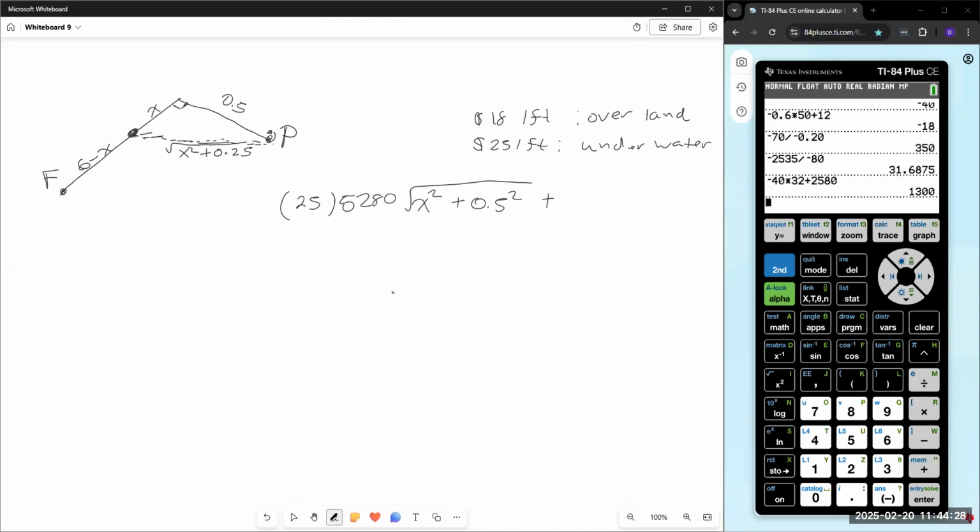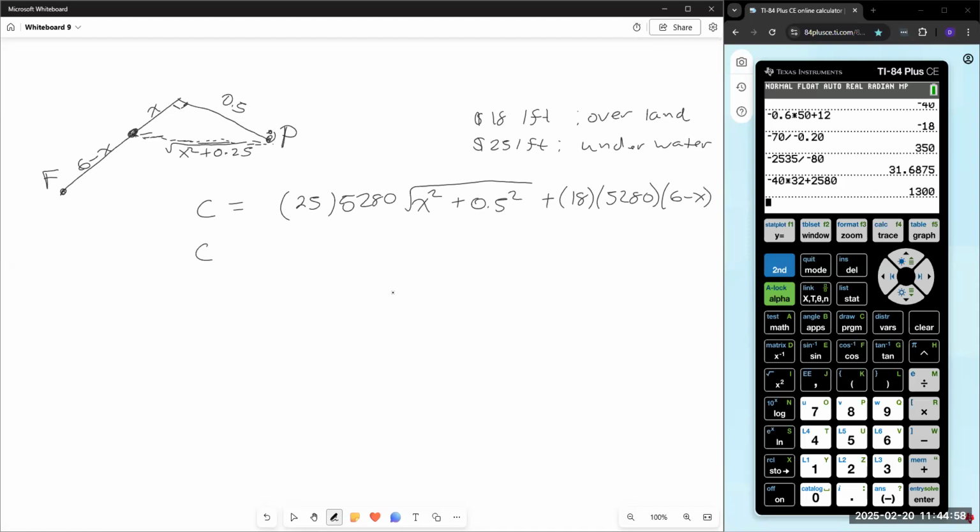Plus, I have a cost of $18 per foot and 5280 feet in a mile times 6 minus X miles for my part that's going to be over land. So that's my total cost function that I want to minimize.